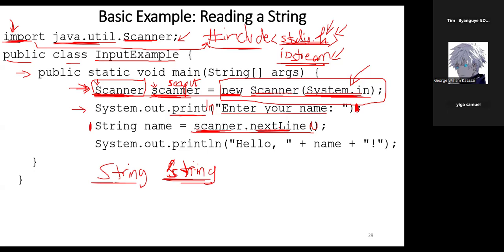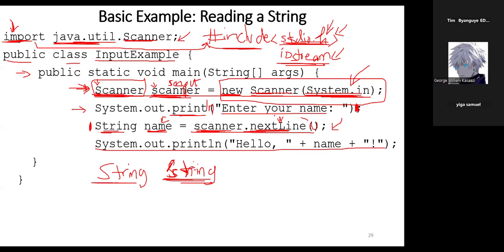Whatever you enter is going to be considered as a string, and then we shall save it in a variable called name, which is of the String data type. Remember, our expressions are evaluated starting from the right, going to the left. Thus, on the computer, you see the blinking line. And once you enter whatever you've entered and press enter, then it will pick whatever is at the console and save it in the name variable. And that is how we will be able to output it on the screen.